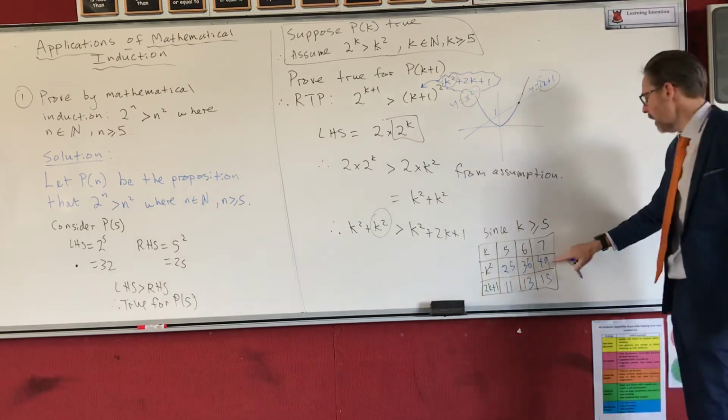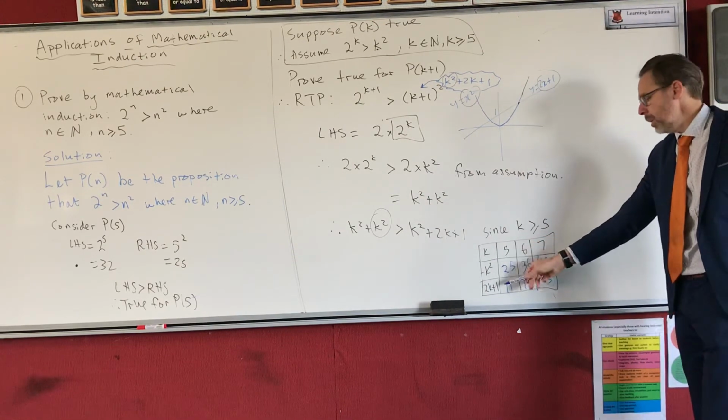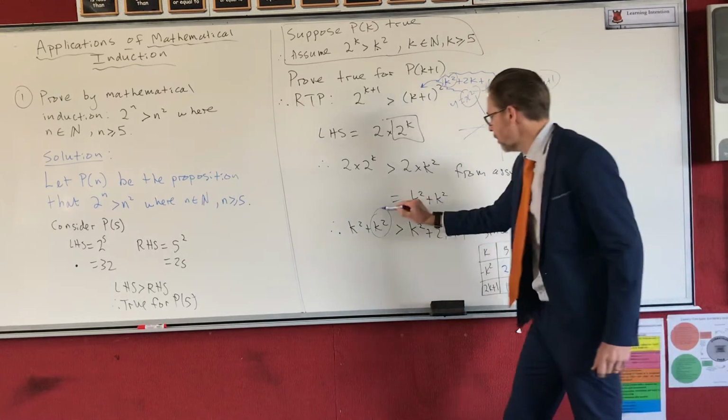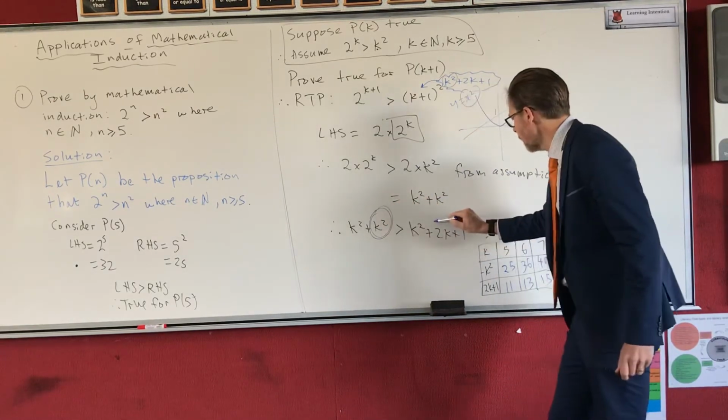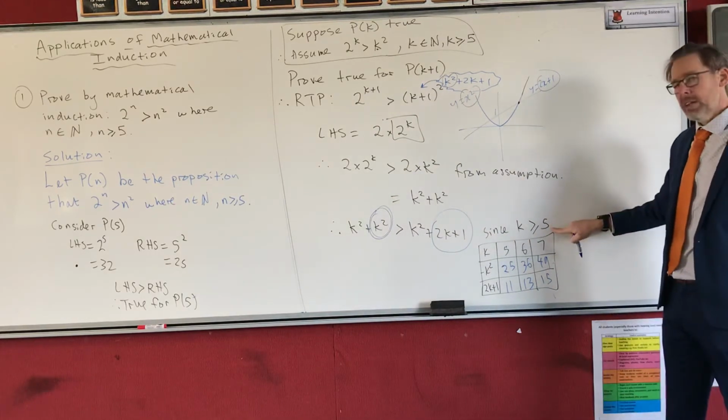So you can see here that definitely for values 5 and bigger, k squared is going to be bigger than 2k plus 1. So k squared is bigger than 2k plus 1 for k bigger than or equal to 5.